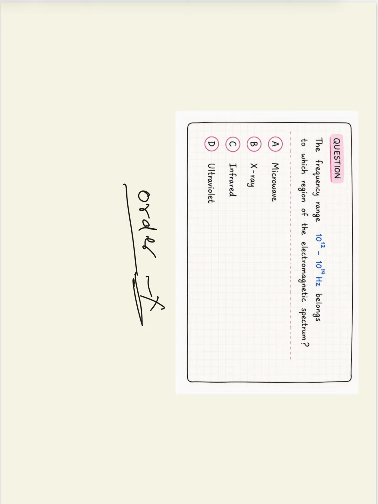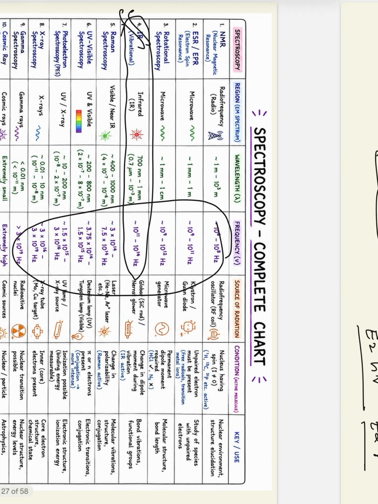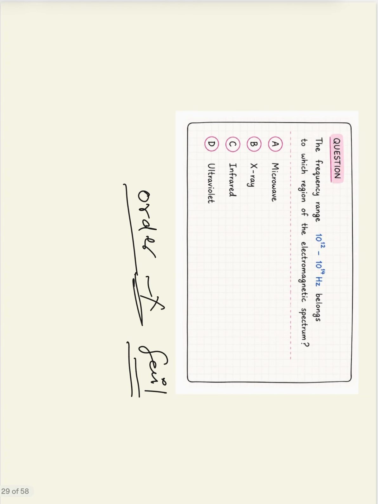Now you have to remember at least 2 or 3 frequencies. The frequency region of IR is 10 to the power 11 to 10 to the power 14 hertz. So the question asked 10 to the power 12 to 10 to the power 14 hertz, and that belongs to the IR region.